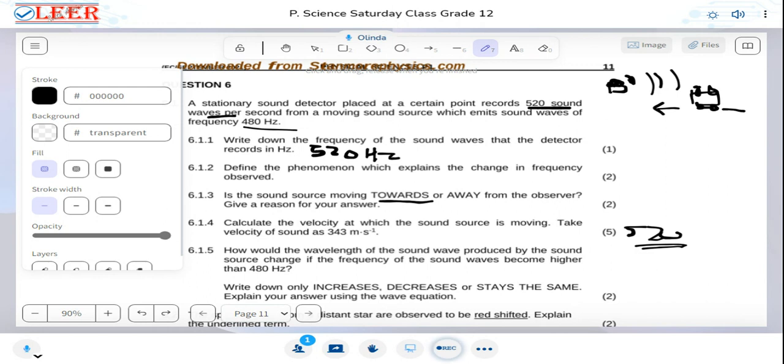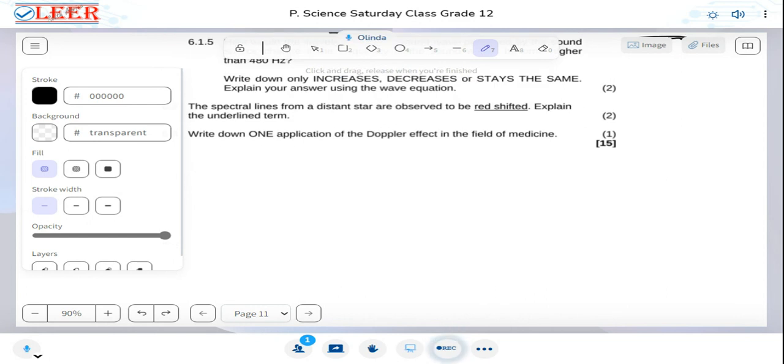Then you have 6.1.4. They say calculate the velocity at which the sound source is moving. Take the velocity of sound as 343 meters per second. So we're going to say the frequency of the listener is equal to the velocity of sound plus or minus the velocity of the listener, over the velocity of sound plus or minus the velocity of the source, multiplied by the frequency of the source.